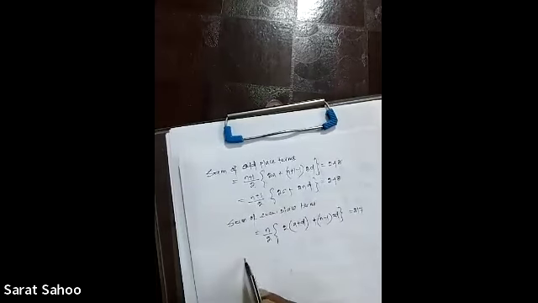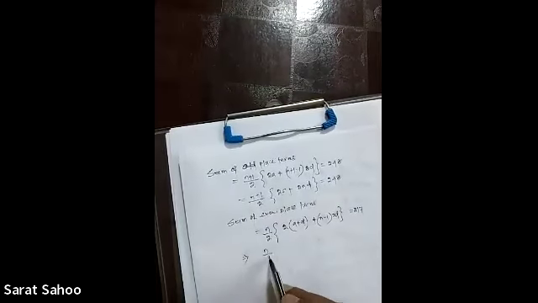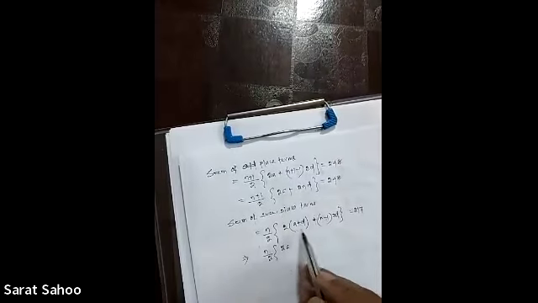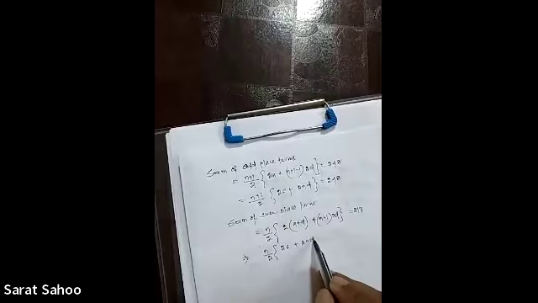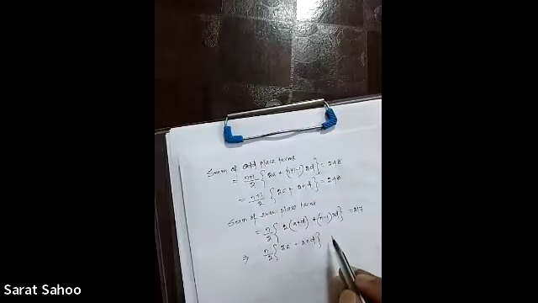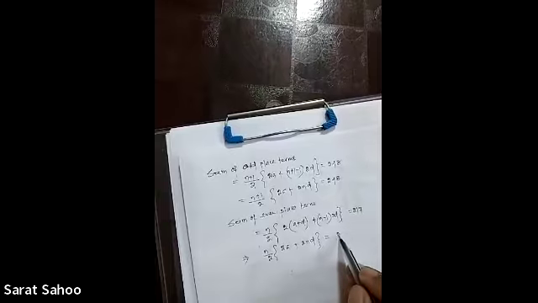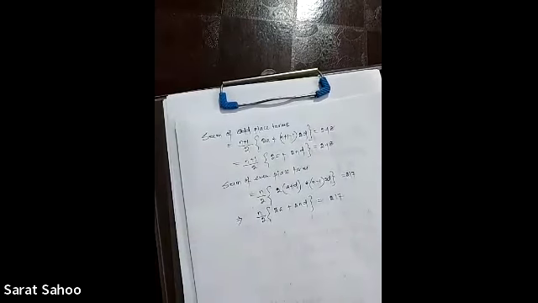This implies n by 2 into 2a plus 2nd minus 2d plus 2d cancels, plus 2nd is equal to 217, right?